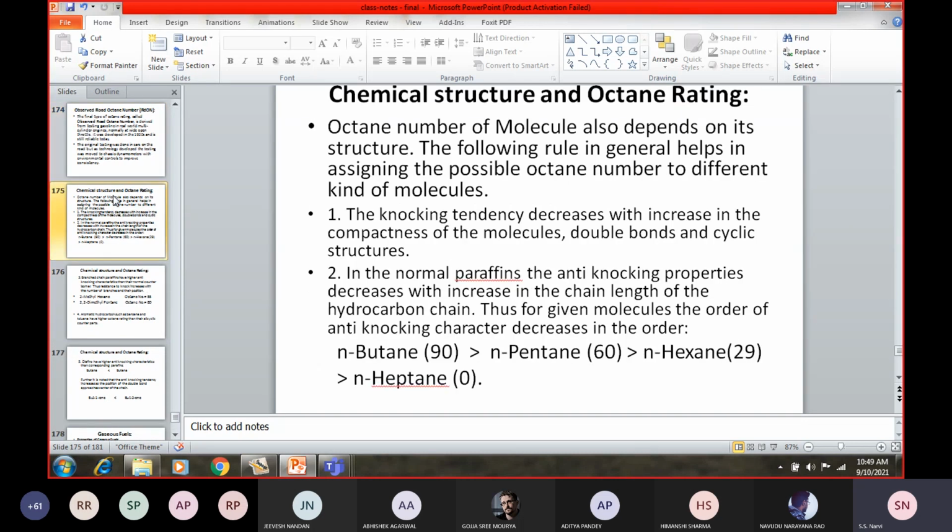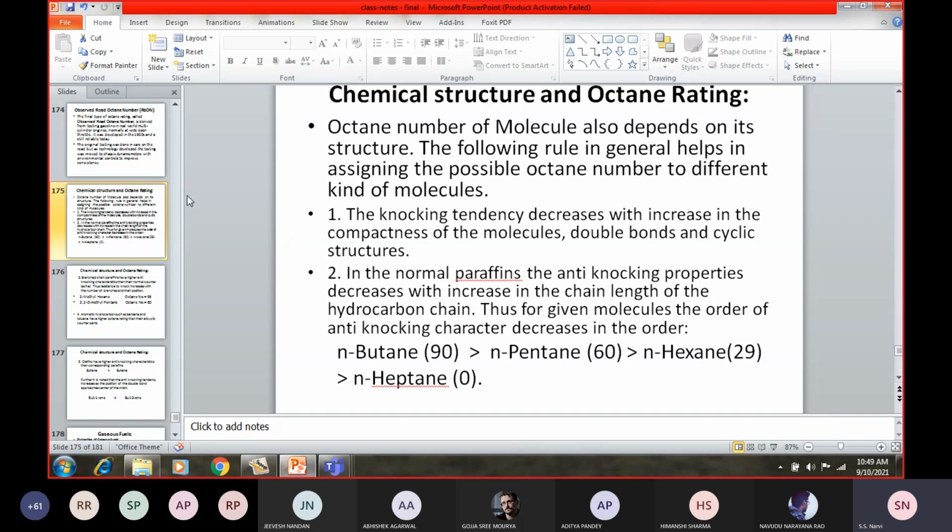Chemical structure and octane rating. I was discussing why certain molecules will be ignited before the spark from the spark plug. The reason is that those molecules which can easily form free radicals at a lower temperature, because of their instability, can be ignited very easily.